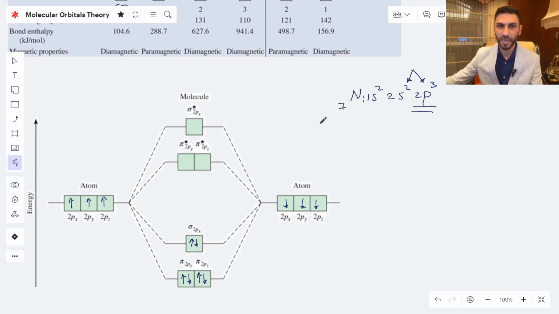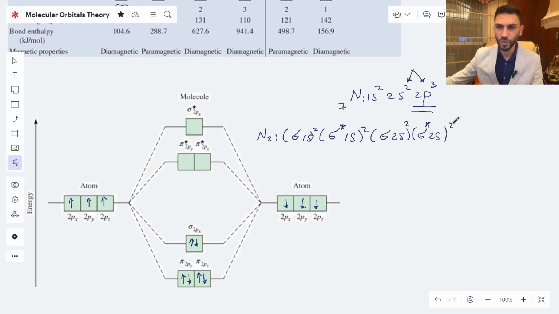The molecular orbital configuration for the N2 is going to be sigma 1s 2, then sigma star 1s 2, and then sigma 2s 2, and then sigma star for 2s.